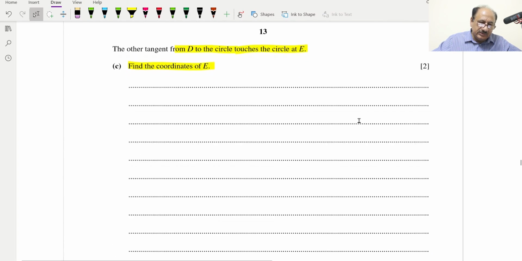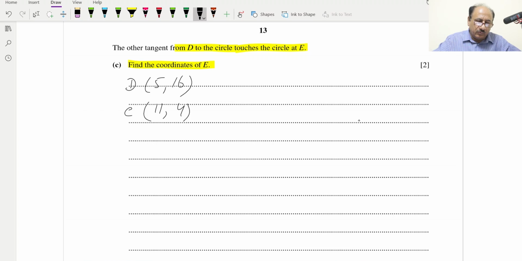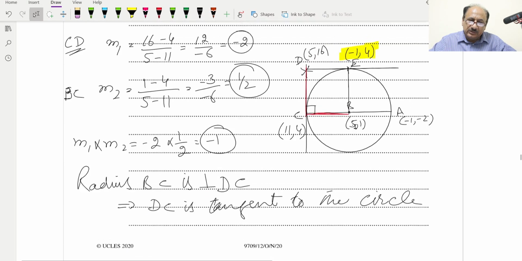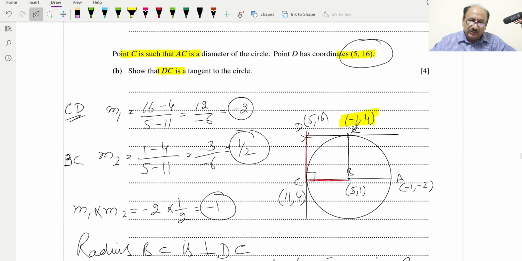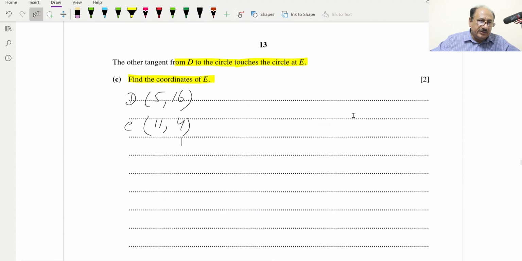So DC will be written like this, C value first.